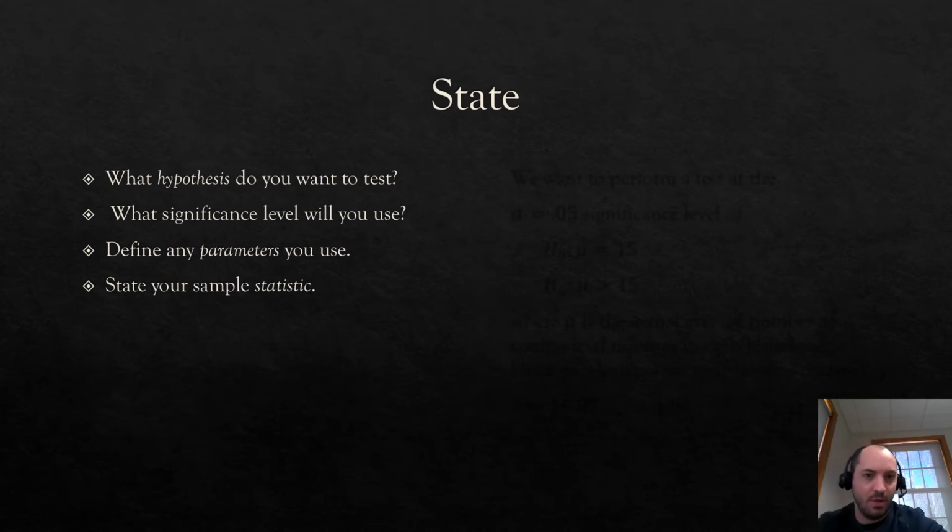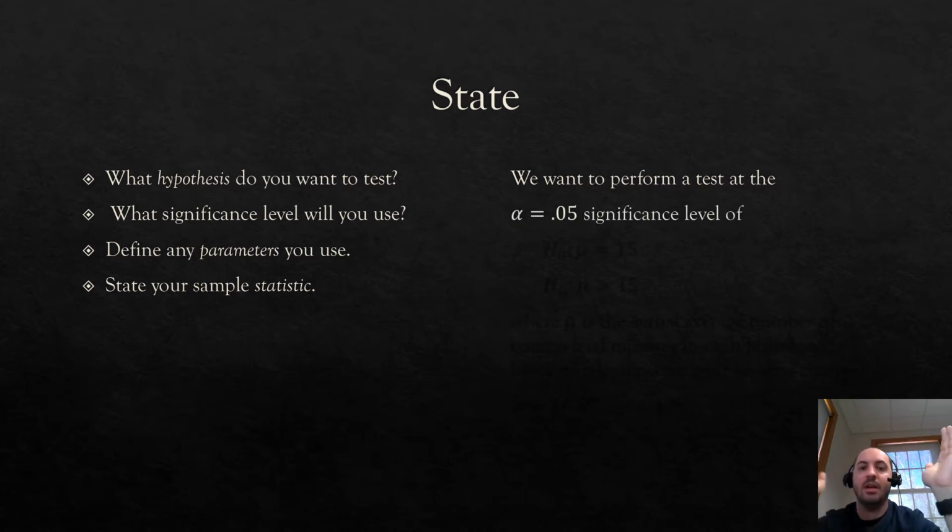State: hypothesis, significance level, parameter, statistic. We want to perform a test with a significance level of alpha equal to 0.05. When it doesn't tell you a significance level, we tend to default to alpha equal to 0.05 as our significance level, so I use that here. Our null hypothesis is that the true mean number of commercial minutes in an hour-long block is just going to be 15, because that's what the typical claim was.